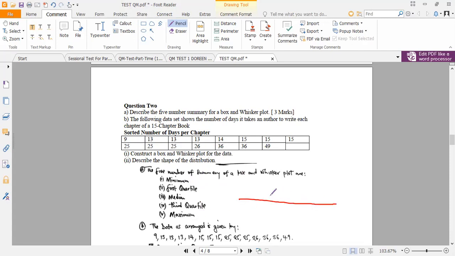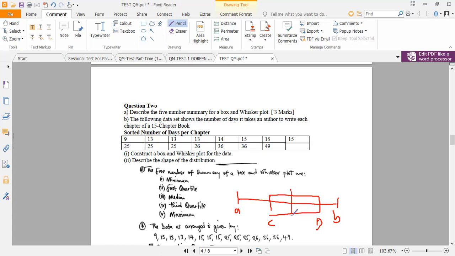So we have our minimum, which is at A. Our B is our maximum. Our C is our first quartile. Our D is our third quartile.